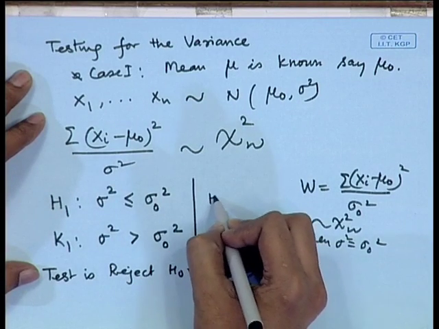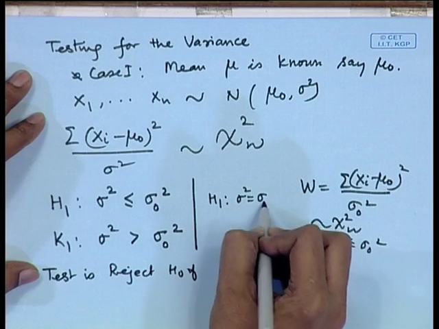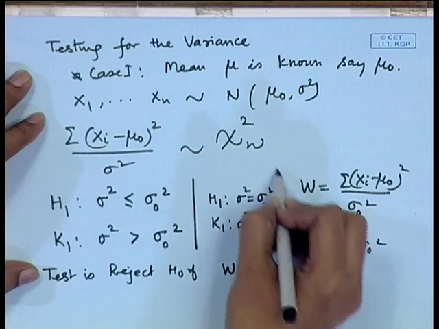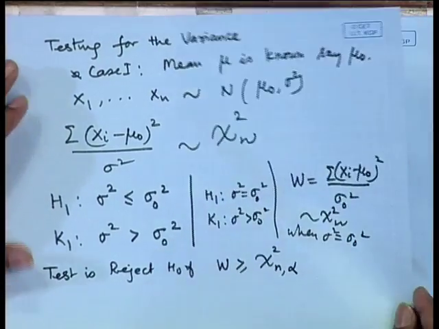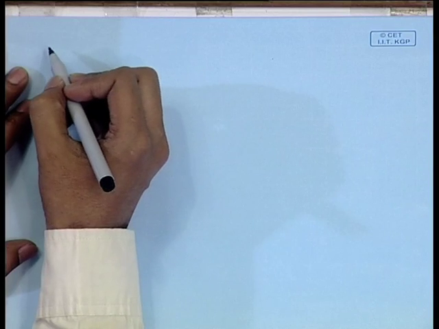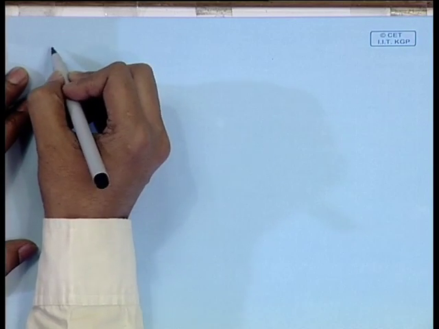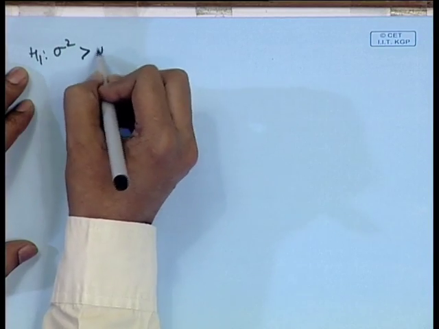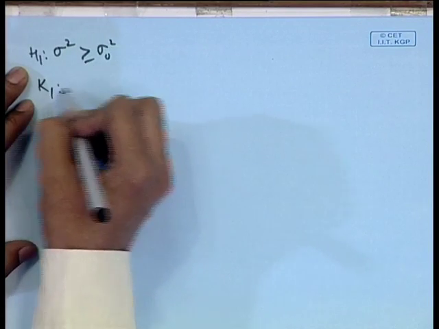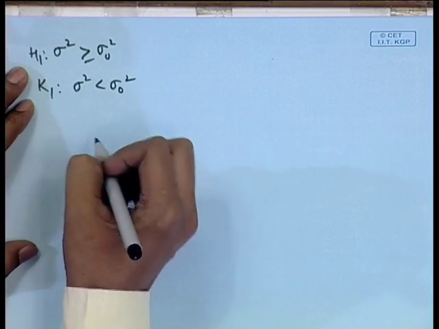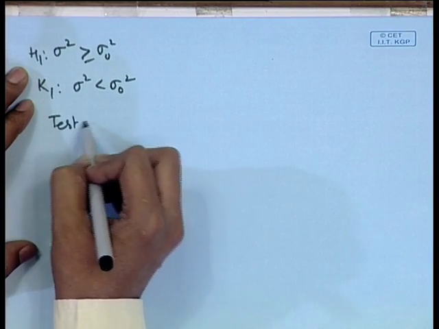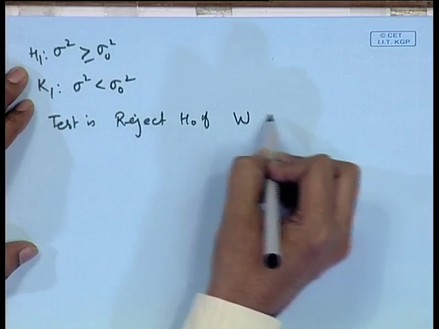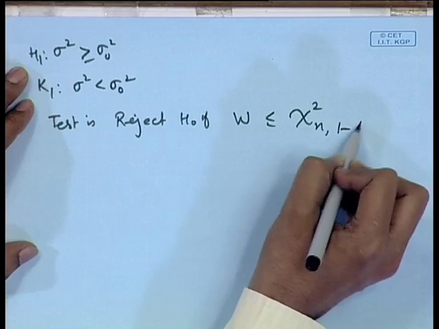The similar argument will be valid if I am considering sigma square is equal to sigma naught square against sigma square is greater than sigma naught square. So, if we consider carefully, then the reverse of this, say sigma square is greater than sigma naught square against sigma square is less than sigma naught square, then the test will be reject H naught if W is less than or equal to chi square n 1 minus alpha.